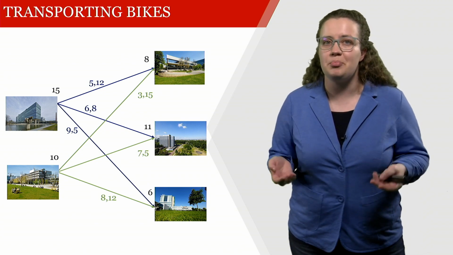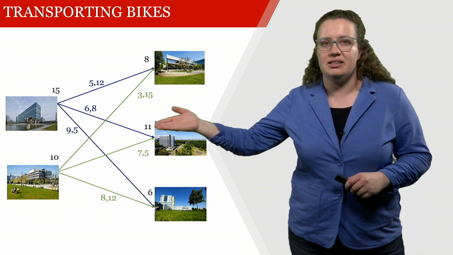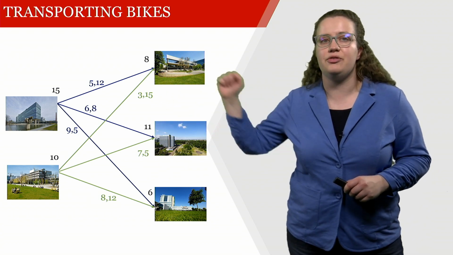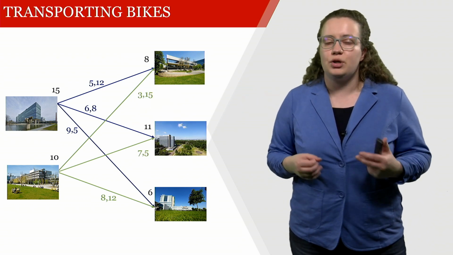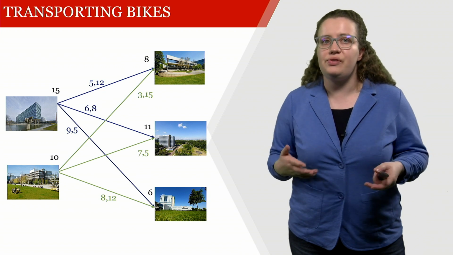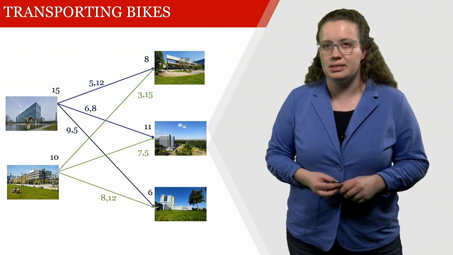So they have a demand for bikes of 8, 11, and 6, while the supply of bikes is 15 and 10. And then we have costs. We have a cost of 5 for moving one bike from Atlas to Auditorium, for instance.